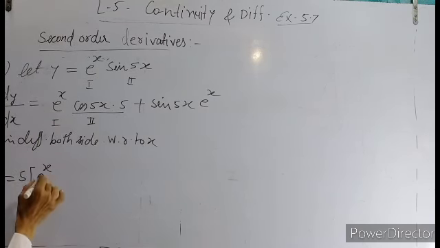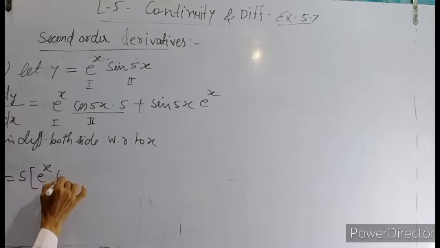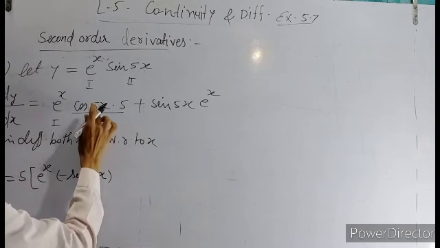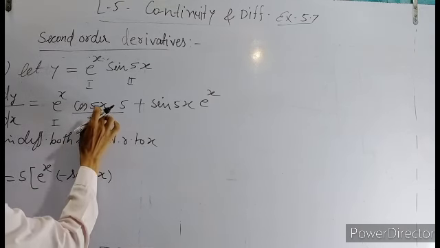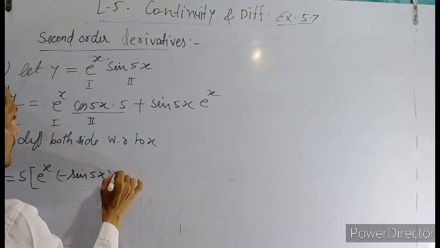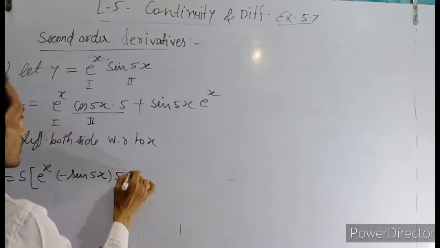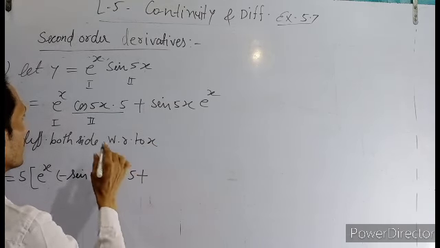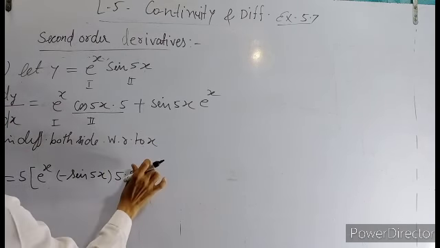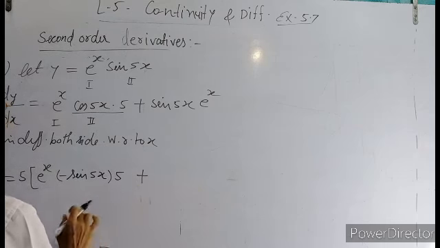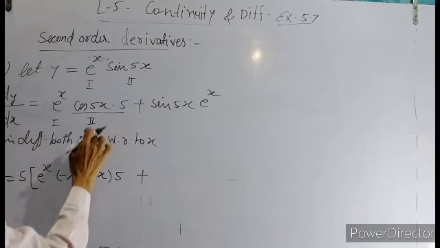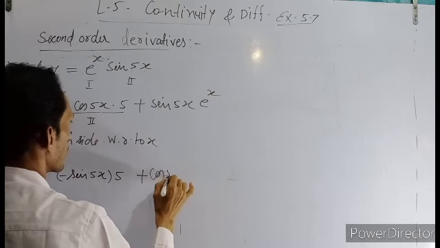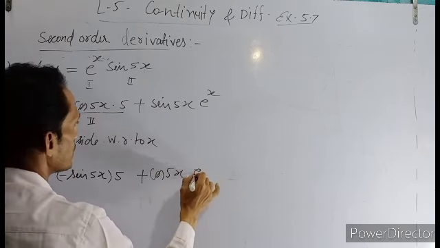First as it is, second derivative means cos 5x means minus sine 5x into 5 also, derivative of 5x, plus second as it is, 5 you can take outside. First as it is, second derivative, plus second as it is, first derivative means e raised to the power x.